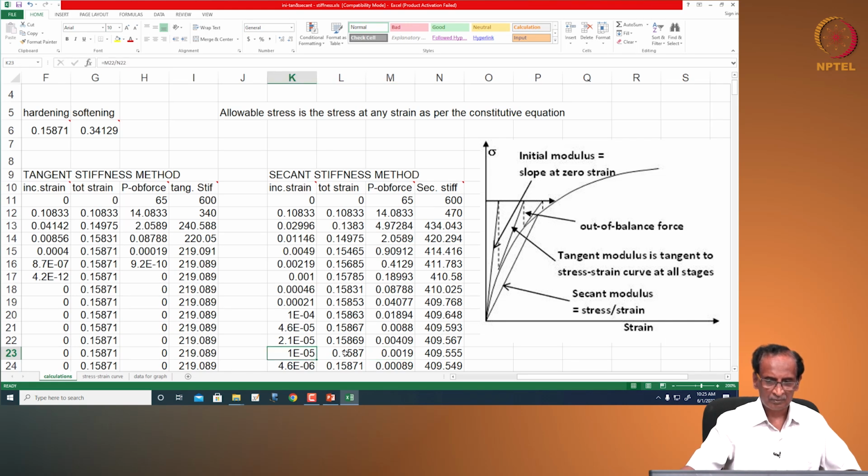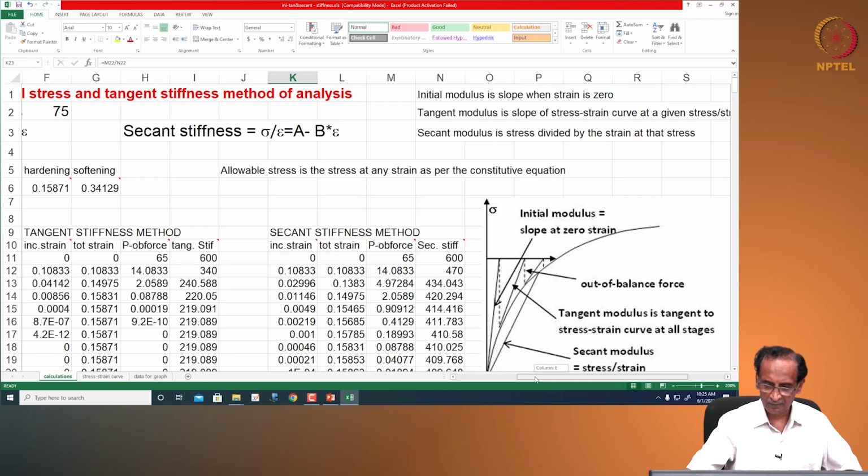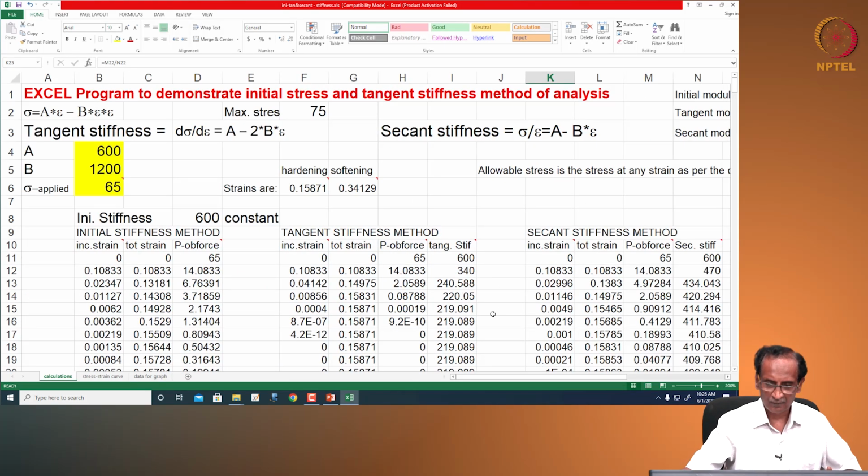Okay, and this method is quite easy to implement, the secant stiffness, and because our stiffness values are always positive definite, we will not have any problem.